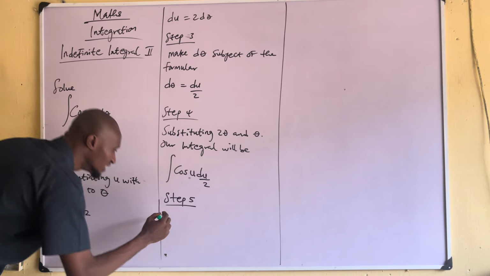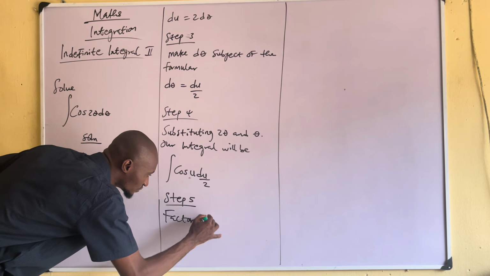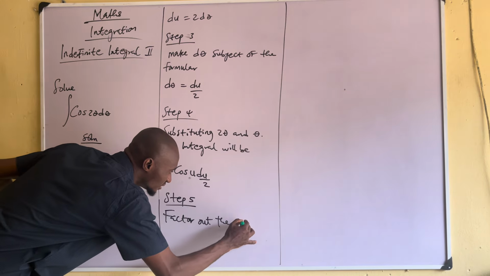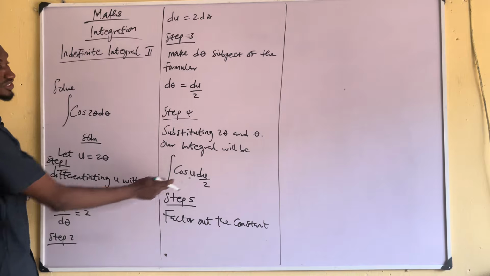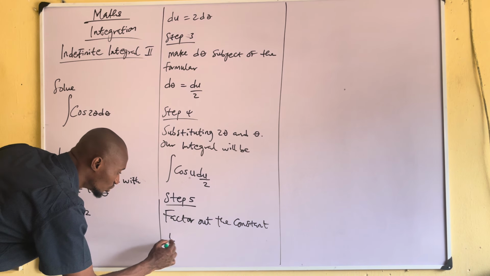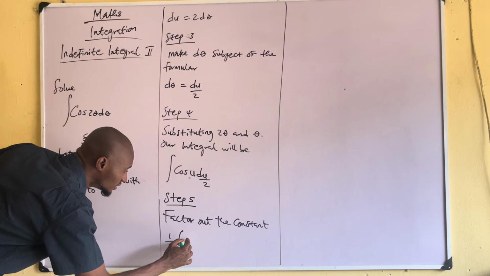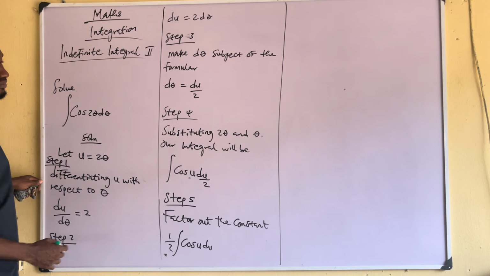Step 5 now, you say factor out the constant. Factor out the what? Constant. There's a constant here. That is, you say 1/2 integral cos u du. What do I mean?